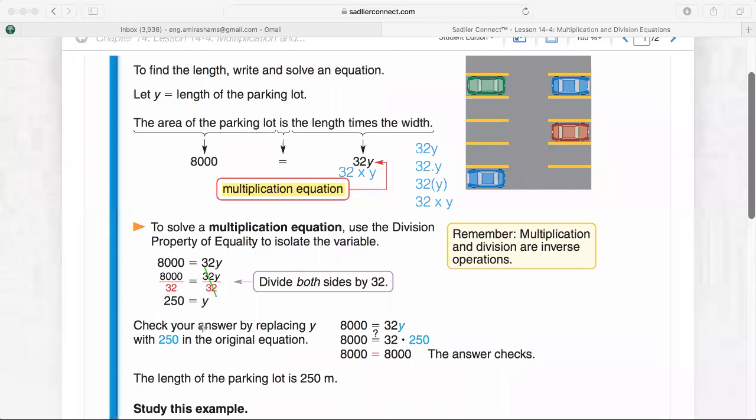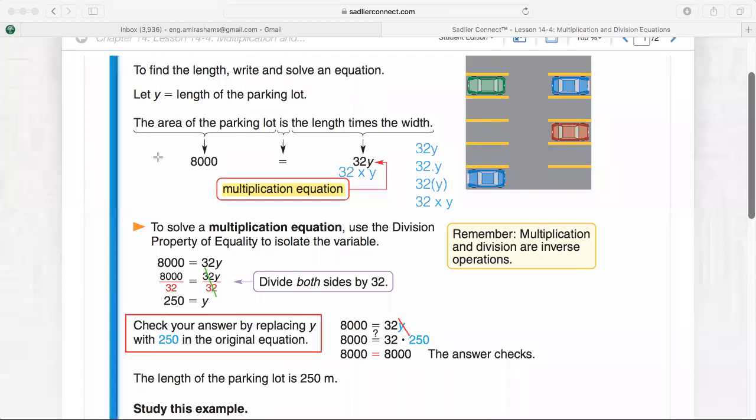I want to check my answer, because checking my answer is a very important step. Check your answer by replacing y with 250 in the original equation. So the original equation is 32y equals 8,000.